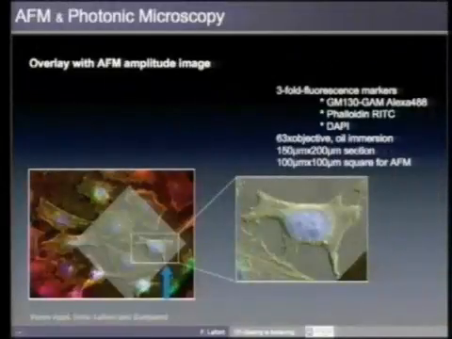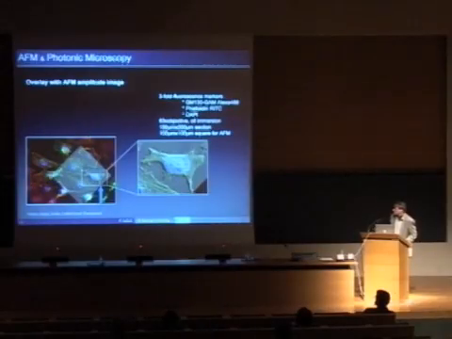What you can also do is to couple this technique with fluorescence, let's say biophotonic microscopy. And here, as an example, you have cells that were stained with different markers, and you can do AFM scanning on top. So the interest of using atomic force microscopy to perform imaging is rather limited, I would say.